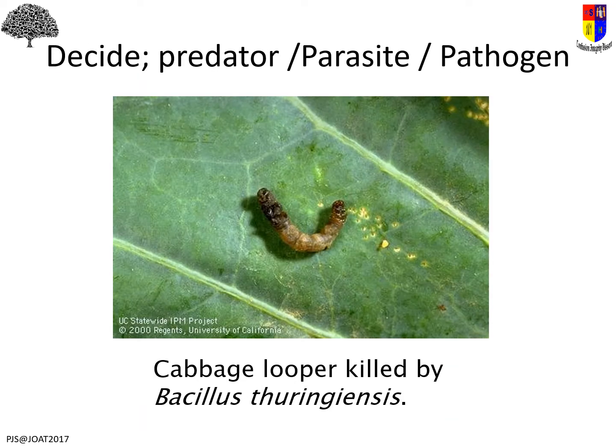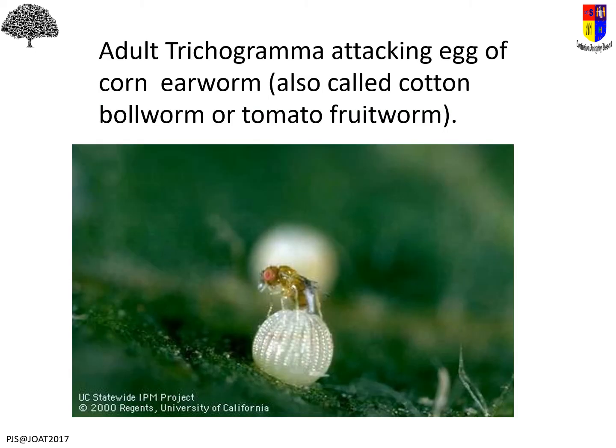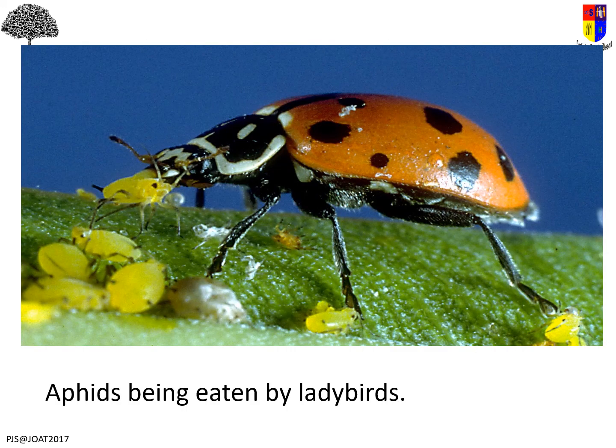So have a look. We have a cabbage looper being killed by Bacillus thuringiensis. So that's a pathogen. Here's an egg of a corn earworm being attacked by a trichogramma, so this is a parasite. We've got aphids being eaten by ladybirds, that's a predator.